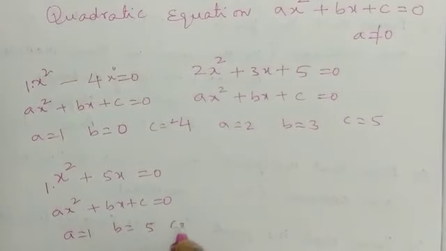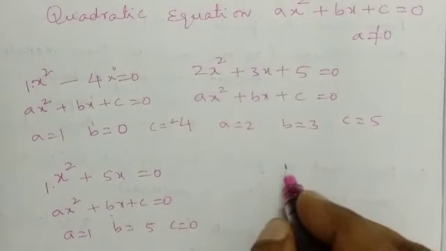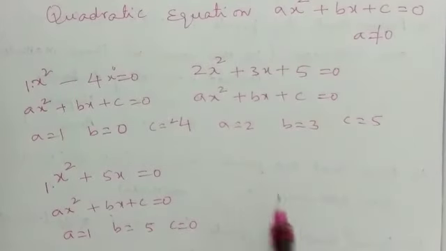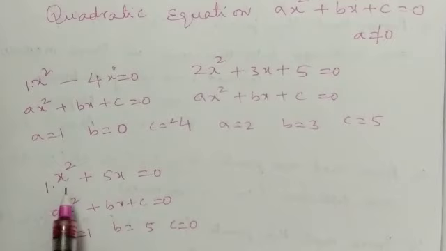There is no constant, so c equal to 0. So here, what is missing? The constant is missing, but still you are calling it quadratic, because the highest power of x is 2 and its coefficient is not equal to 0.